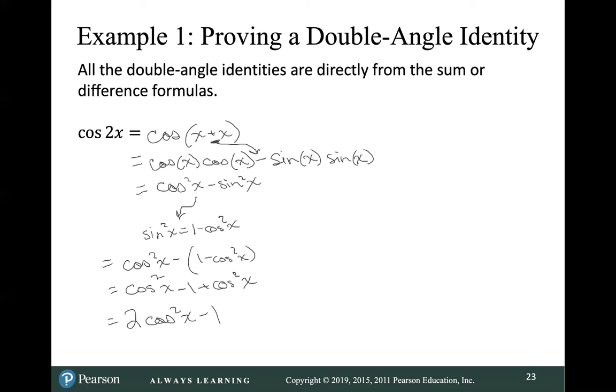And that is equal to cosine of 2x. If you wanted to derive the power reducing identity, you could solve here for cosine squared x and get that power reducing identity.